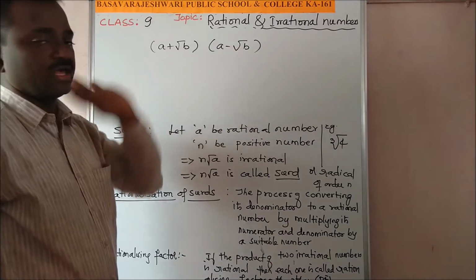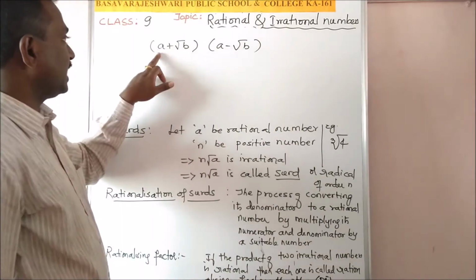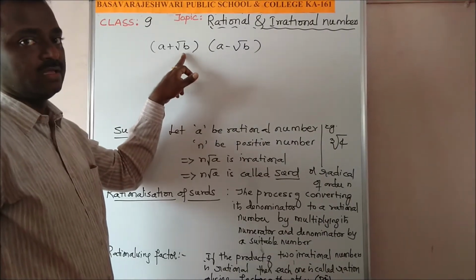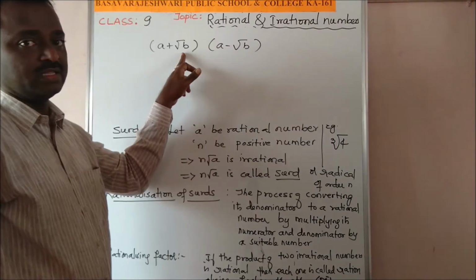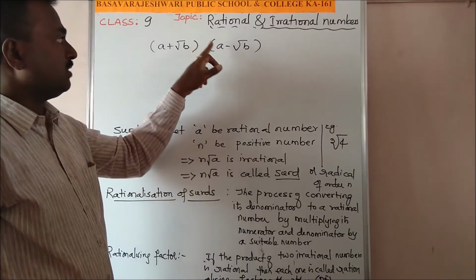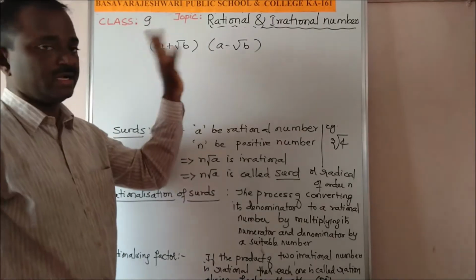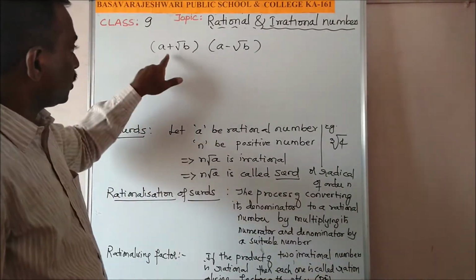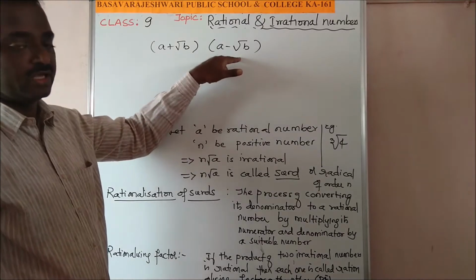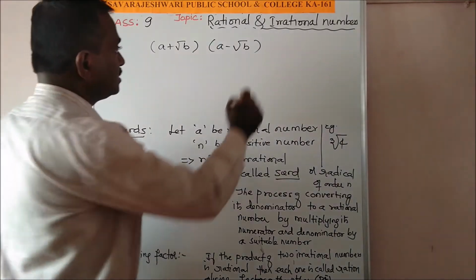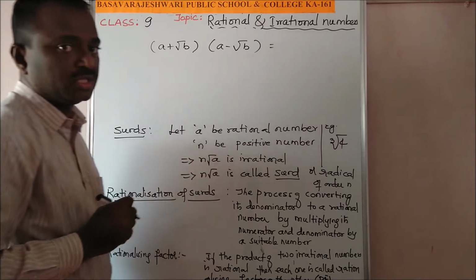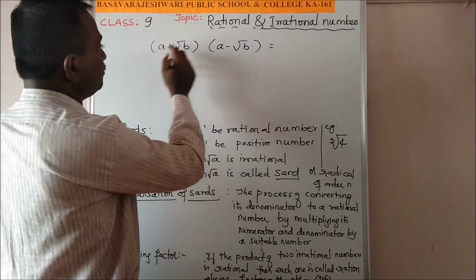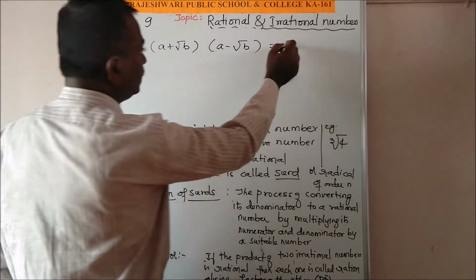Both are irrational numbers, because the sum of a rational and an irrational is always irrational, and the difference between a rational and an irrational is also always irrational. Therefore, the product of these two irrational numbers is a rational number.